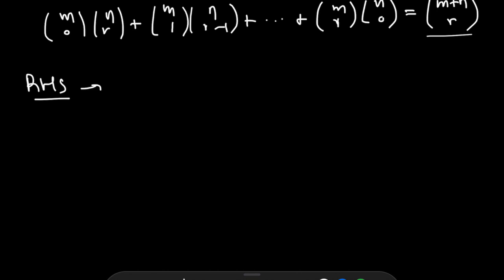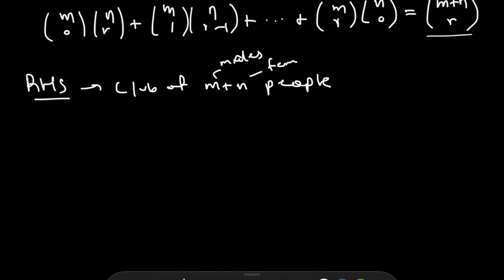So the right-hand side, let's come up with a scenario that there's a club of m plus n people. And just to make this easier to visualize, let's say there are m males in the club and n females.